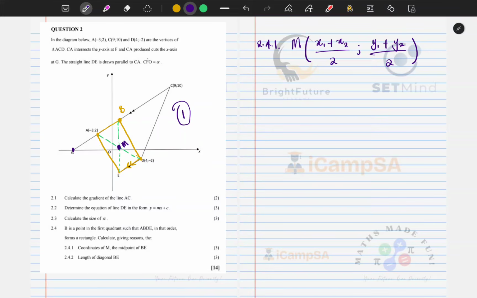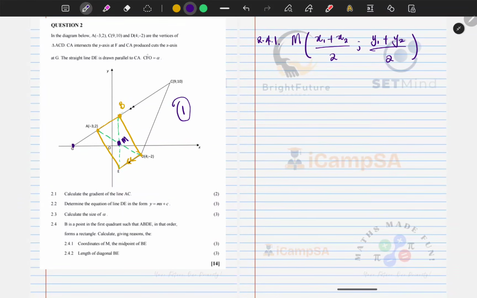So now remember, for a rectangle, we don't have the coordinates of BE, but we can use the coordinates of AD. Why? Because BE and AD bisect at the same point, or they intersect at the same point, right?